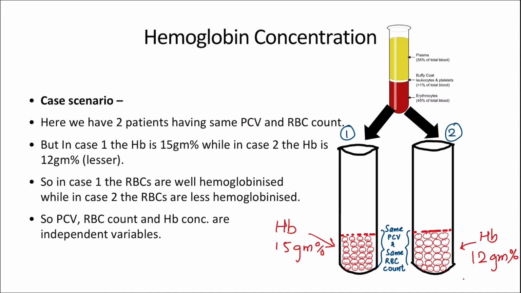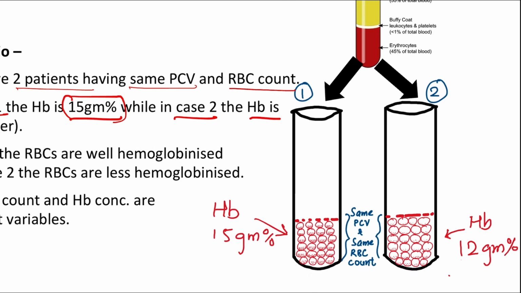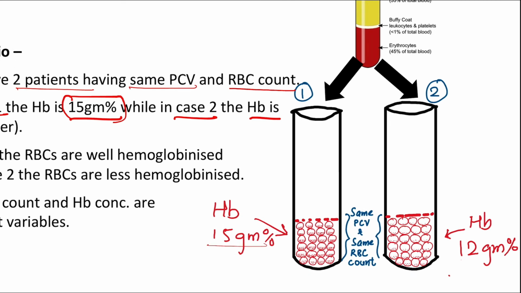Again we have two cases: two patients having the same packed cell volume and RBC count. But in case 1 the hemoglobin is 15 gram percentage, while in case 2 it is 12 gram percentage, which is lower than case 1.